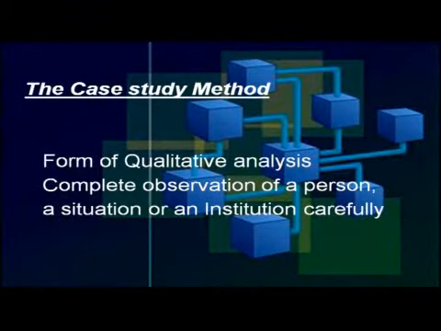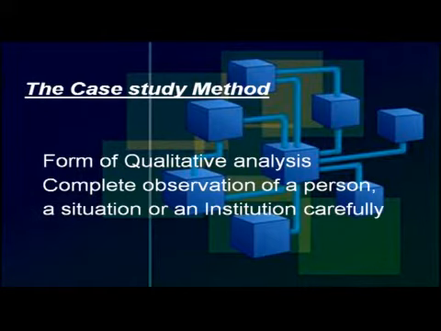Another interesting method adopted in sociology is the case study method. The case study method involves purely qualitative analysis. Under the case study method, the sociologist makes a complete observation of a person, a situation, or an institution.